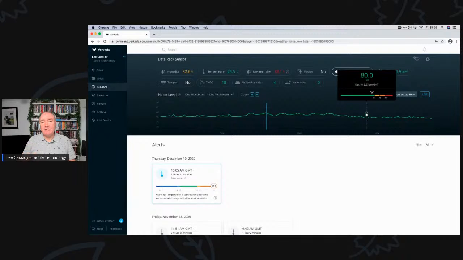We can then measure the difference in sound between inside and outside, and once we've got that level sense, so if it's say 5 decibels or 10 decibels different, we can make an assumption that if we need to know if it's hitting 75 decibels outside, it will be 85 inside, and we can set that alert level to 85 decibels, so we know that we're actually at that level outside, so we can deal with any issues and get alerts, so we can sort out the problem, whether that's some kind of mechanical issue, an equipment issue, or it could be related to temperature, like we were seeing within our data rack earlier. So quite easy to understand that.